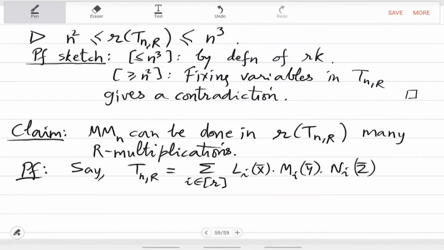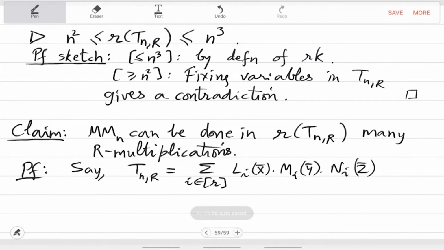On the LHS, you would have the matrix multiplication entry of z11. On the RHS, you will have a sum of few LiMi products.